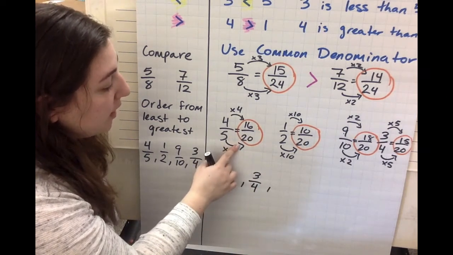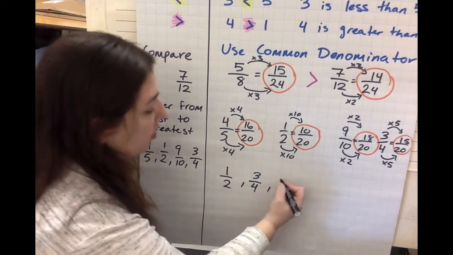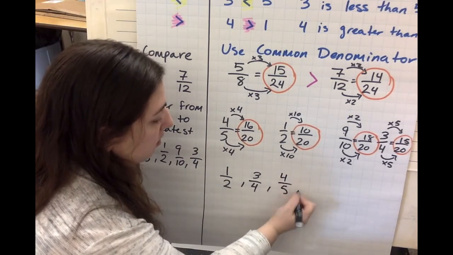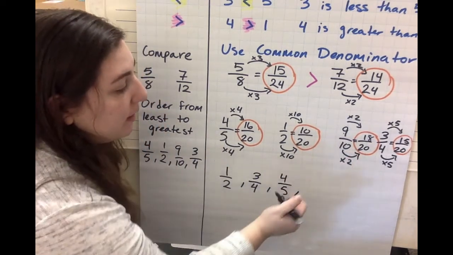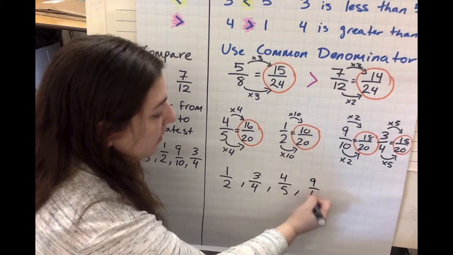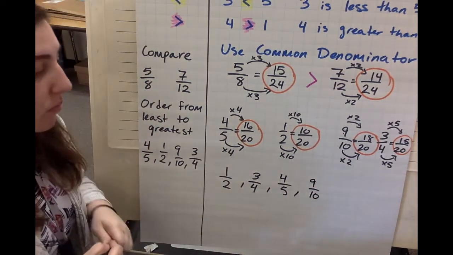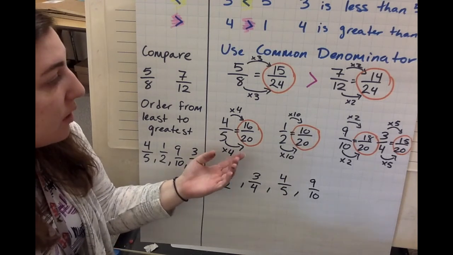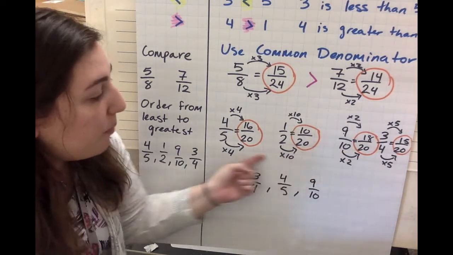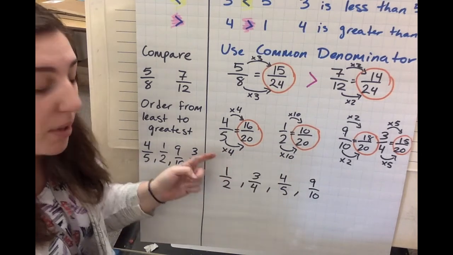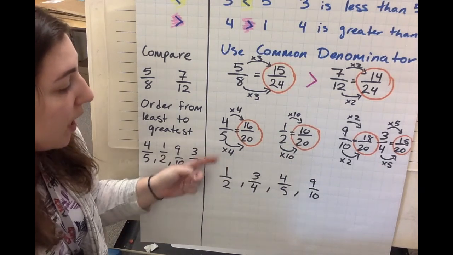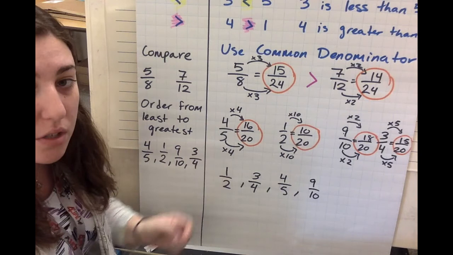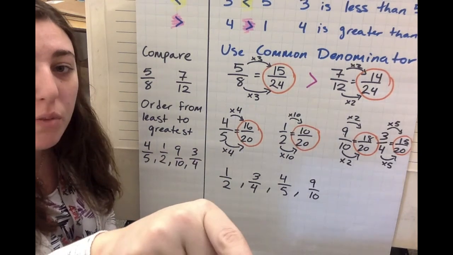So 16/20ths, that means 4/5 should go next. And the last one is 18/20ths, 9/10ths. So I used the common denominator to help me compare all these fractions, but once I needed to order them, I used the original fractions. Okay, we'll do part 2 tomorrow.